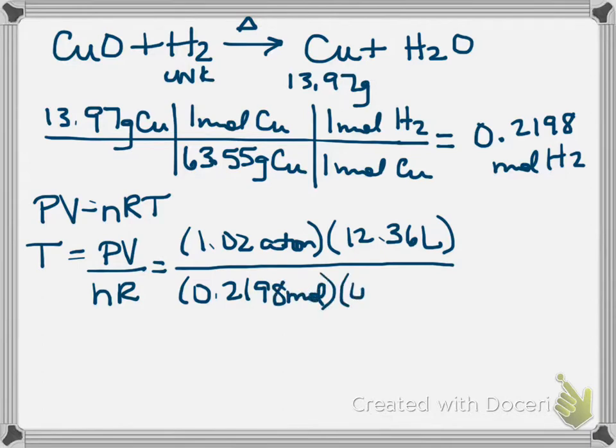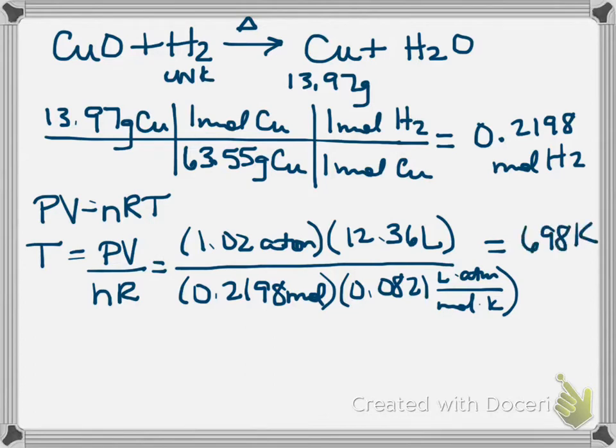And I still have my same R that I've been using. So remember, liters, atmospheres, moles, kelvins. Okay? And what I get there then is 698 kelvins. Okay, in the question it asks you how many degrees Celsius, so you subtract 273 and get 425.